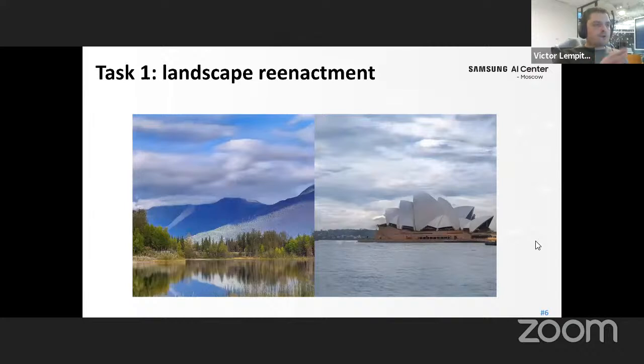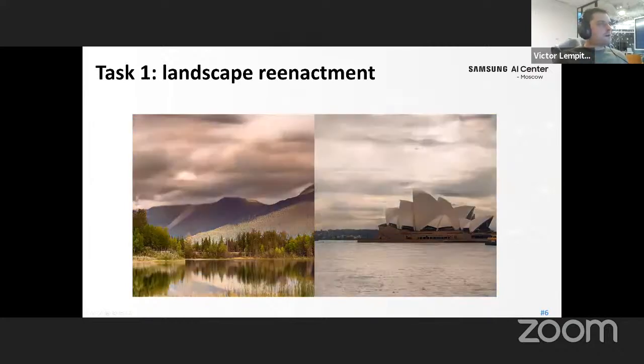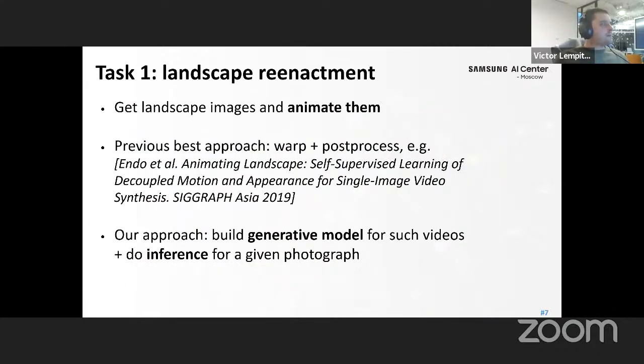Before I explain the details, let me mention what the previous approaches were. Most of the previous approaches were about applying the idea of warping. The suggestion was to build a neural network that would warp the given image in a realistic way, and then after warping, apply some post-processing to remove warping artifacts.